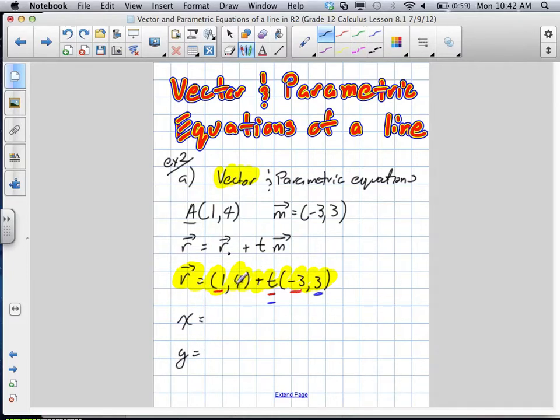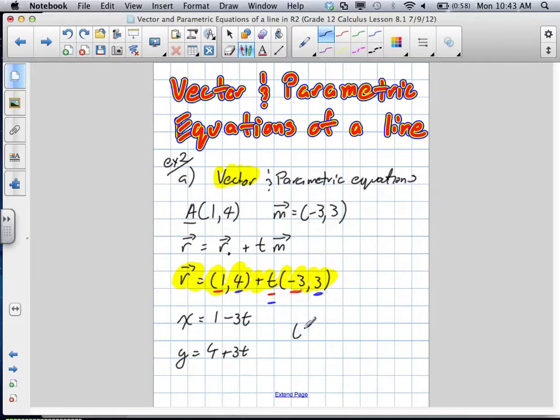Our equation for x is essentially 1, and then we multiply our t by the x value of the directional vector inside the bracket, so we get x = 1 - 3t. What that means is we can find any x value with some scalar of t along this line. And our y, same idea. We take our y value, 4, and multiply t by the y value of our directional vector, plus 3t, so y = 4 + 3t.